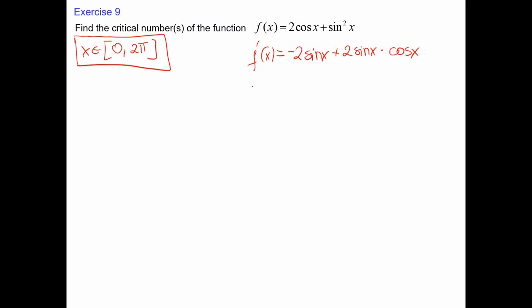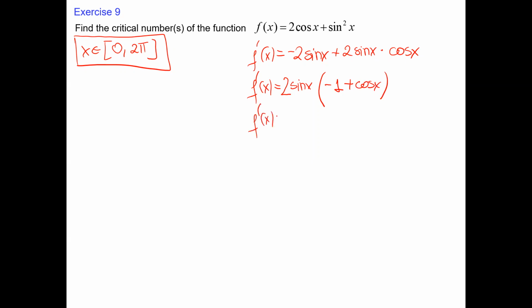Okay, we need a product form. I will factor out just sine of x. -2, actually I can also factor 2, but I would like to keep the negative inside. -1 will stay, plus cosine.